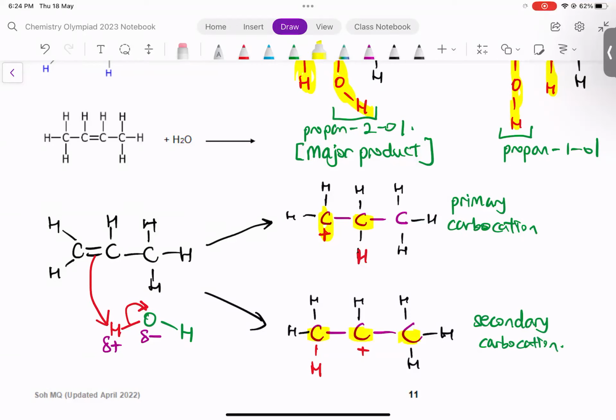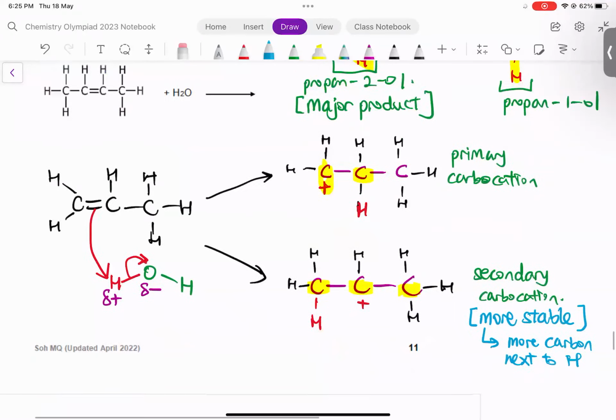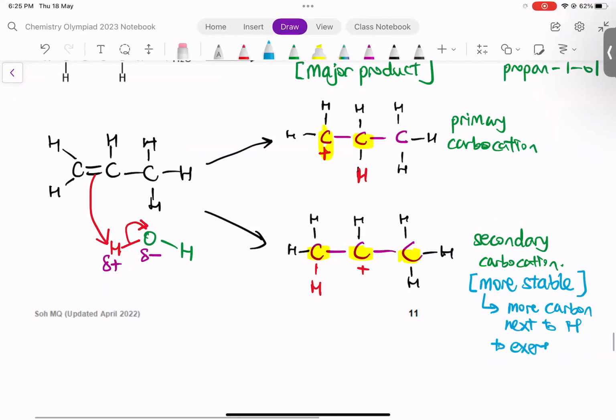Now, as it turns out, the secondary carbocation is more stable. A secondary carbocation, with more carbons next to the positively charged carbon, is always more stable. This is because a carbon next to the positive carbon exerts what we call an electron donating effect.